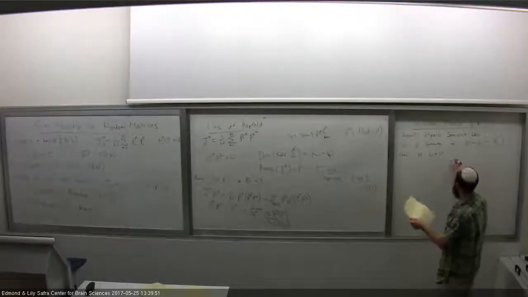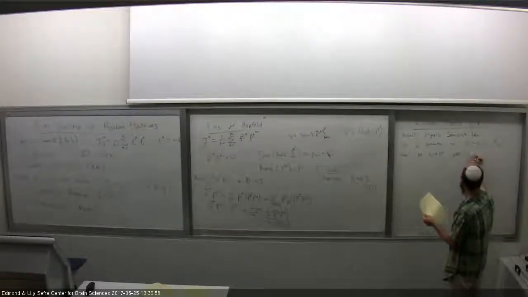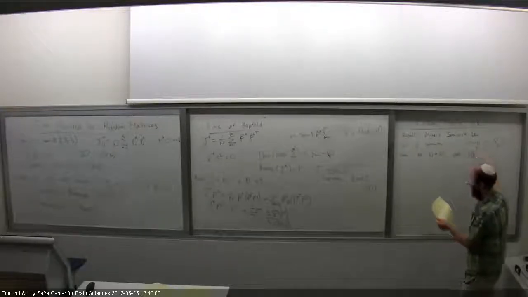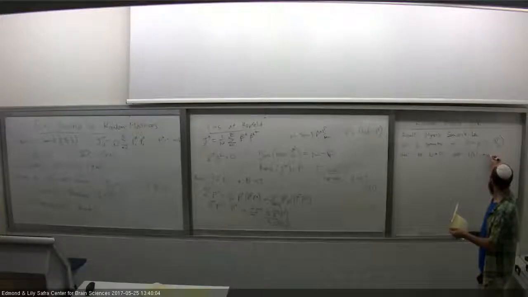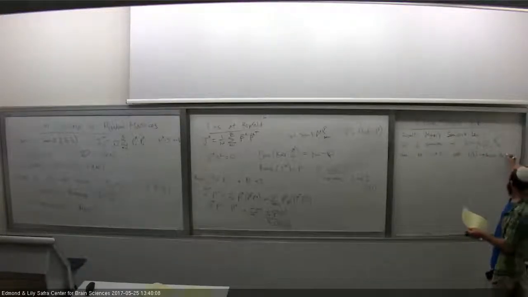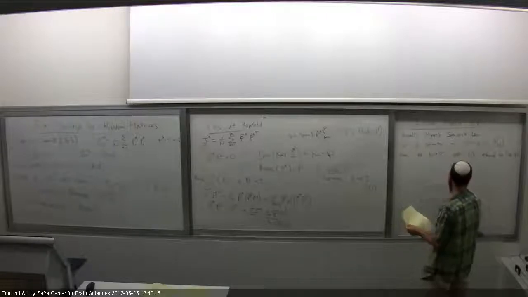So it turns out that as n goes to infinity, the probability density function of the eigenvalues, f of lambda, goes to a semicircle. Semicircle, I'll draw it in a second, between minus 2g and 2g. So it looks something like this.